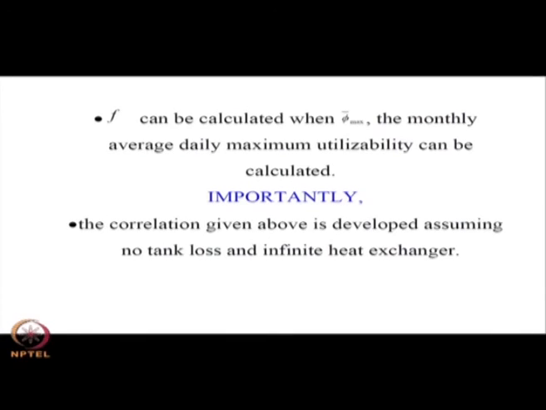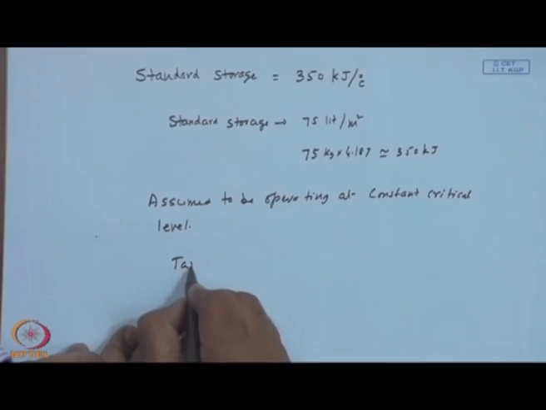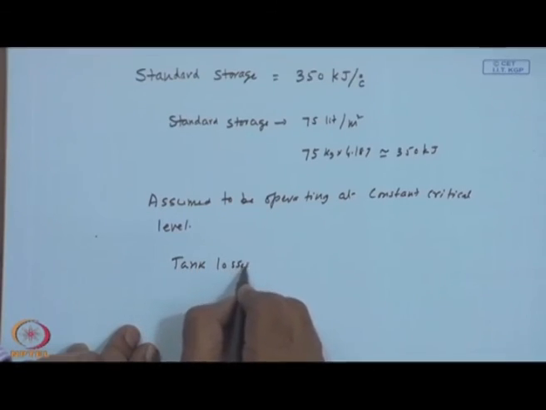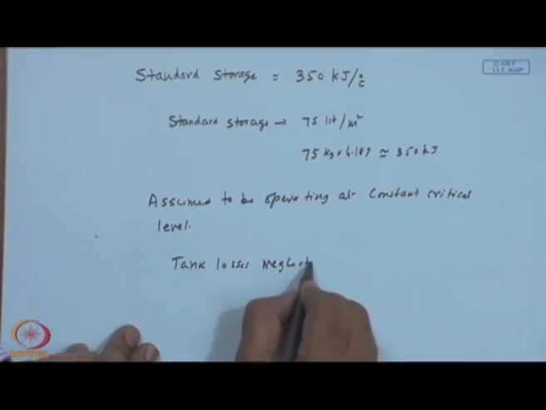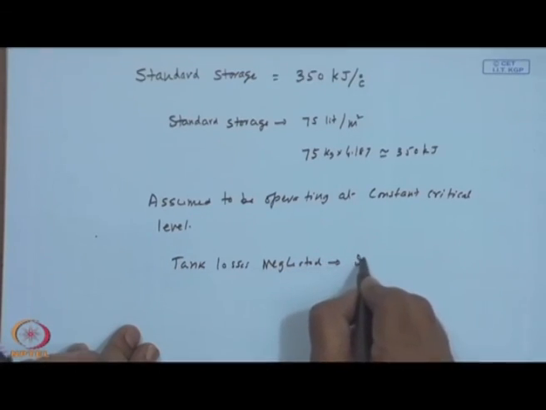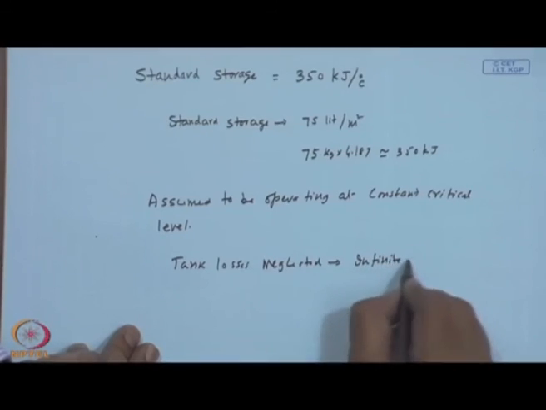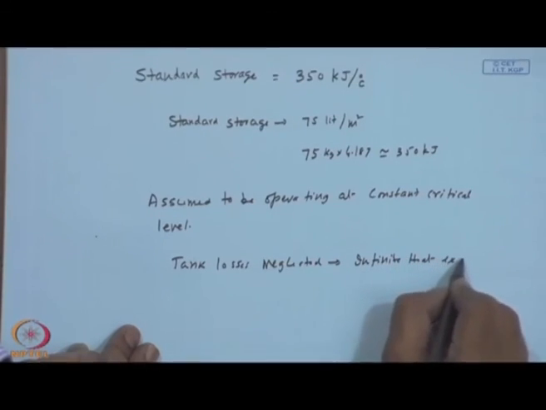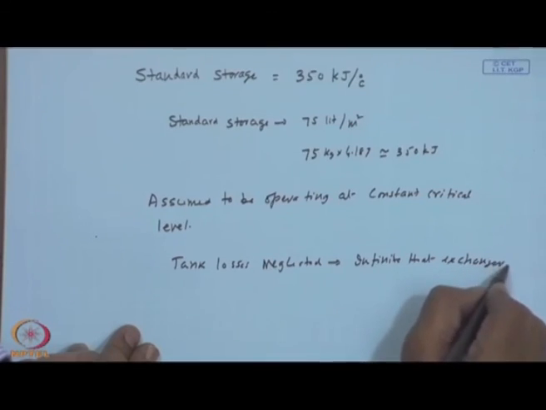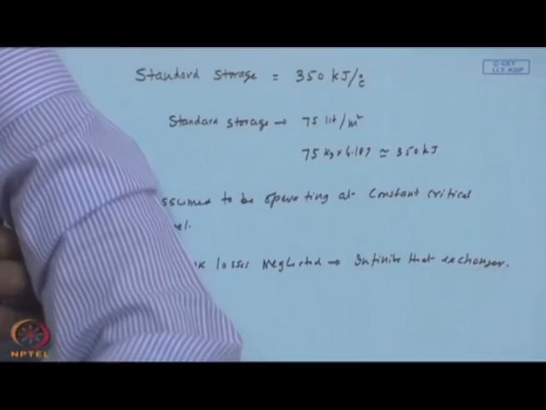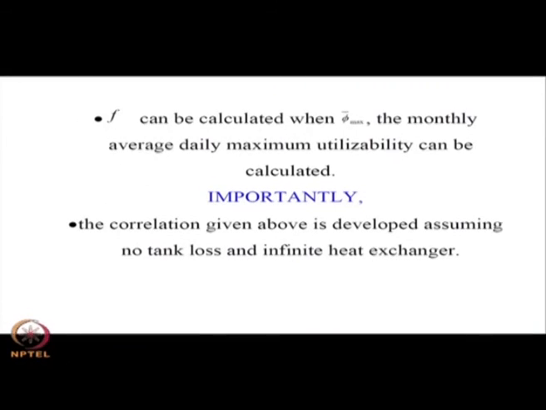Only correction for the size of the heat exchanger was there, because it was explicitly developed for different values of epsilon C minimum by UA_H, whereas in this case as such this stands tank losses neglected, and an infinite heat exchanger. In other words, there is no delta T required in the heat exchanger. So, we shall stop now and continue with it in the next class.